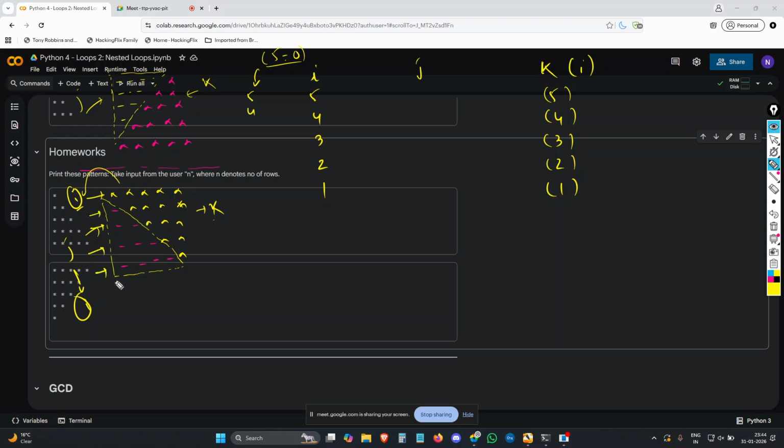I's main job is to form the rows. J and K are printing this. I is the structure of this thing, and J and K are forming all the values.